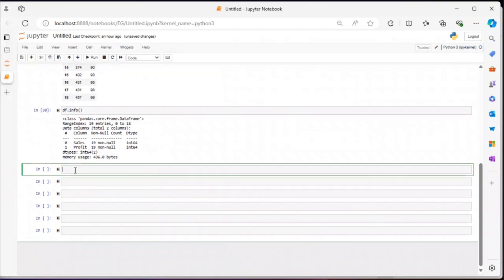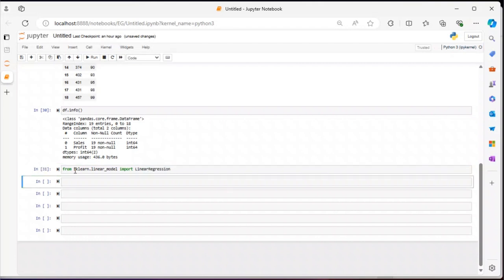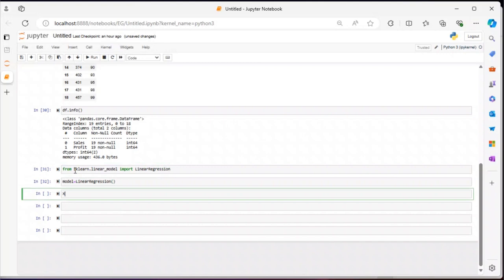And now from sklearn, dot linear_model, we have to import LinearRegression. Okay, we have imported linear regression, and we will take that linear regression to make the model.